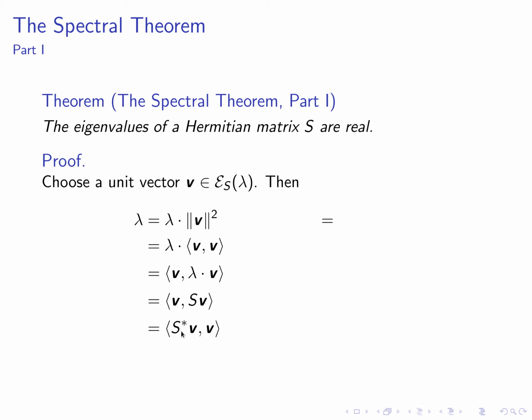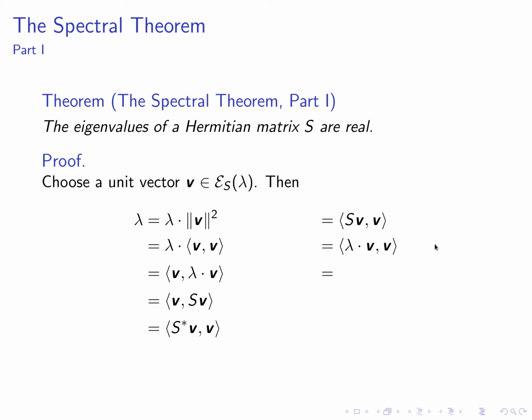Well, what do we know about the matrix S that we are studying in this situation? We know that S here is a Hermitian matrix, which means that S star is actually equal to S. So S star times v is really the same thing as S times v, because S star equals S. And we already know that S times v is the same thing as lambda times v, again because v is an eigenvector of S, where lambda is the eigenvalue.